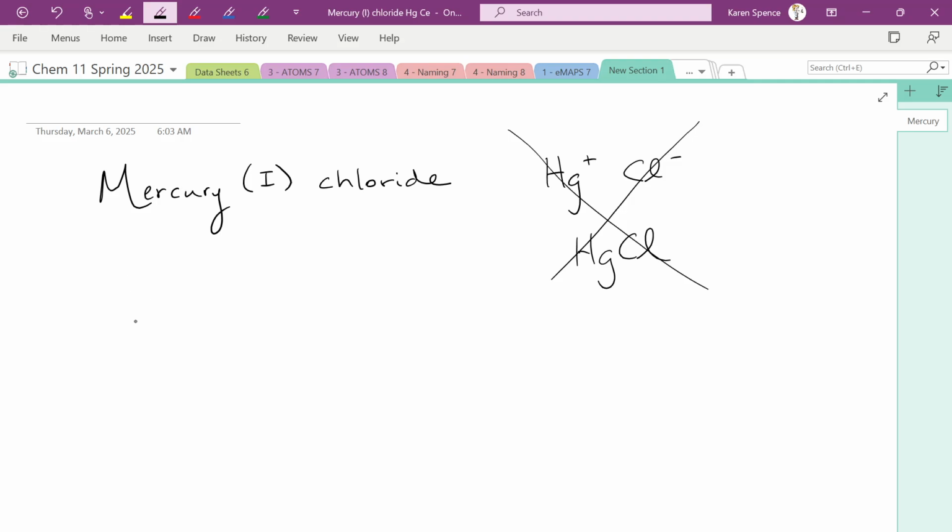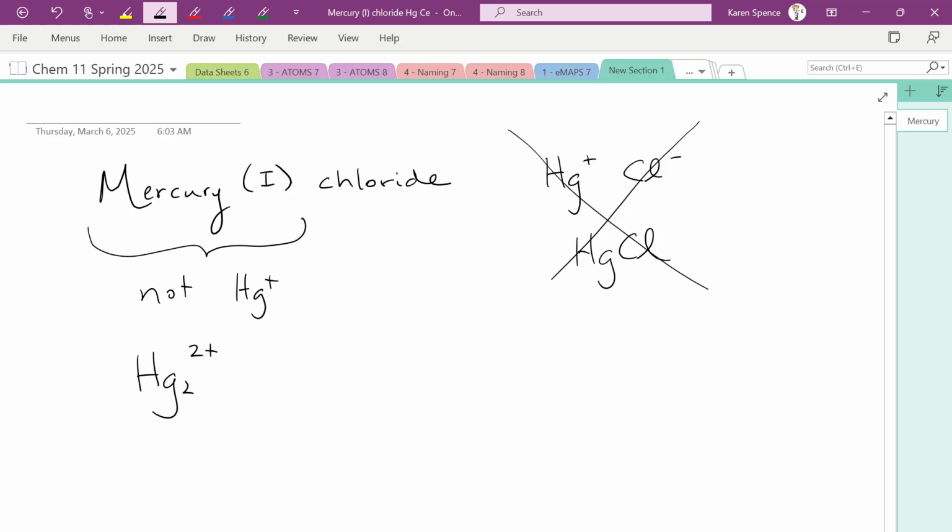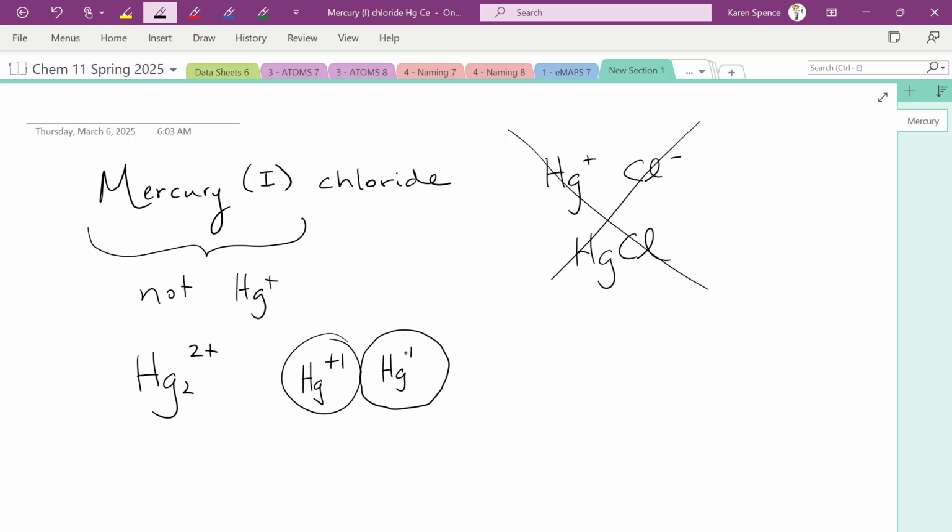Okay, so mercury 1 is not Hg+, it is Hg2 2+. What that means is that you have an Hg atom with a +1 charge, stuck to another Hg atom with a +1 charge. Okay, that is a polyatomic ion.